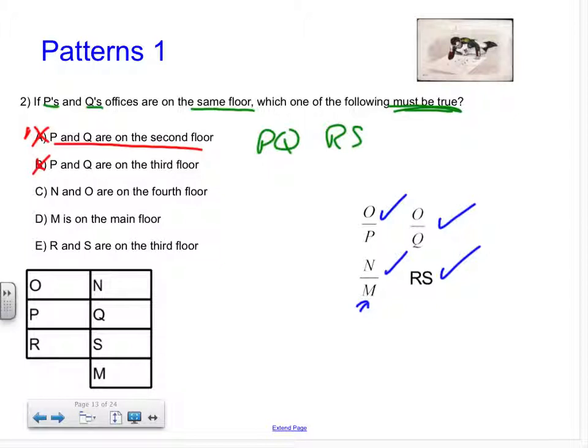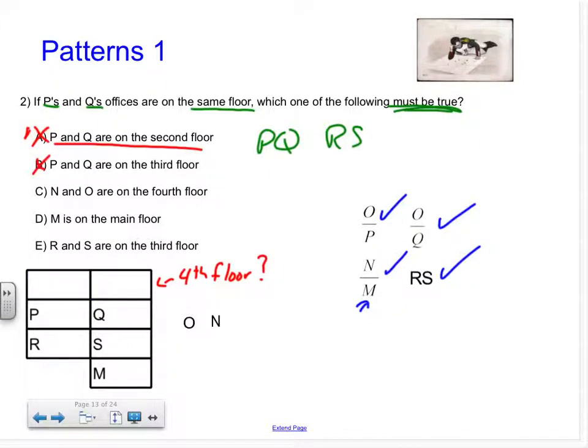C, N and O are on the fourth floor. So this one, right now they are on the fourth floor. But the question is, do they have to be? Is there anywhere else that they could be placed? So let's give it a try. Let's take N and O out.